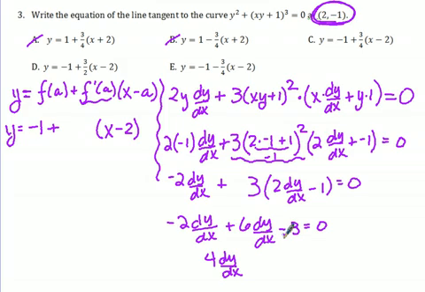I think at the same time I'm going to move that 3 to the other side, add 3 to the other side, because I'm running out of room on the screen here. And to solve for dy dx, we divide by 4. So dy dx is equal to 3/4. And so if I go back and look at my answer choices here, I have this one with negative 3/4, this one with positive 3/4. But I know from my equation that it should be a plus sign, and we came out with positive 3/4. So our answer is C.